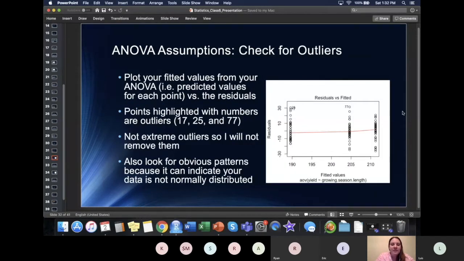First, I'm going to go over checking for outliers. This helps you look at normal distribution as well as outliers. I'll show you the code in just a second. So here, you can see our residuals. Our values minus the mean are on our y-axis, and our fitted values are down here. We're going to go over more about how you would use a model to calculate predictions when we go over regression.